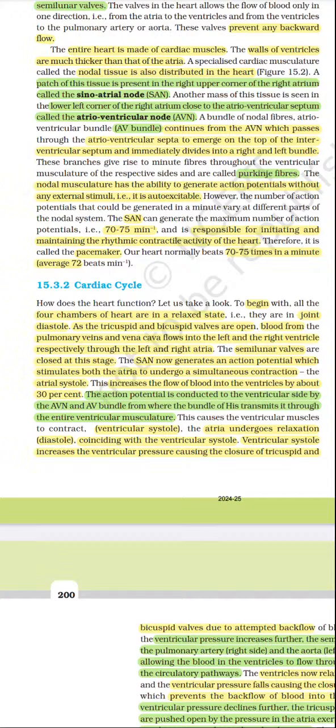Blood from the pulmonary vein and vena cava flows into the left and right ventricles, respectively, through the left and right atria. Semilunar valves are closed at this stage.